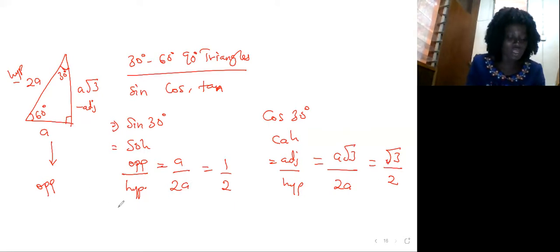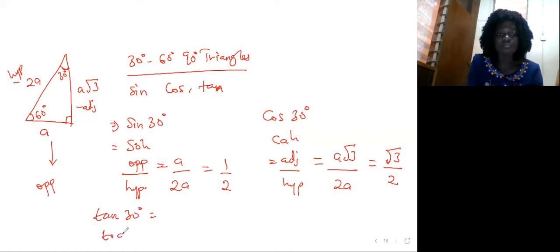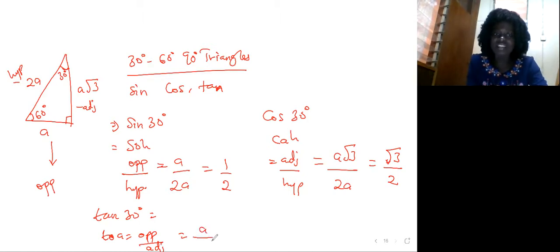Then we come quickly to tan 30 degrees. Tan is what? Opposite over the adjacent. So what are you going to get for this one too? Where's the opposite? Good. A, adjacent A root 3.